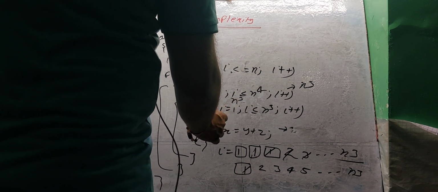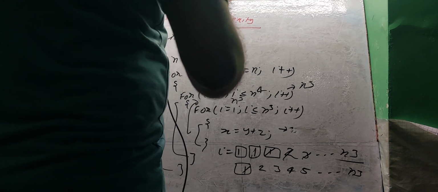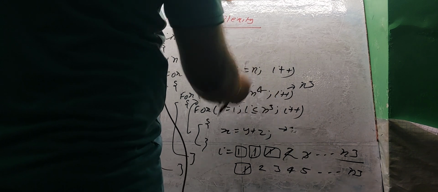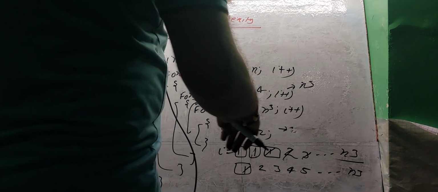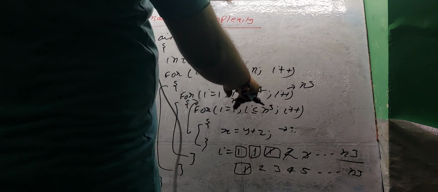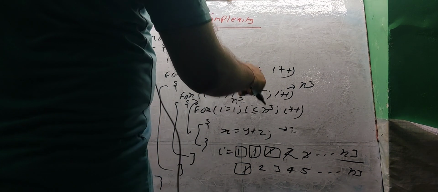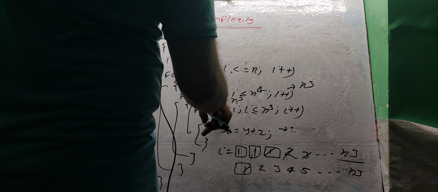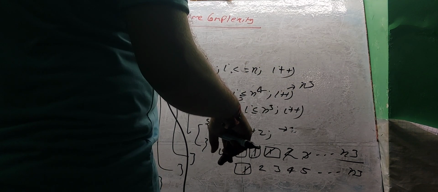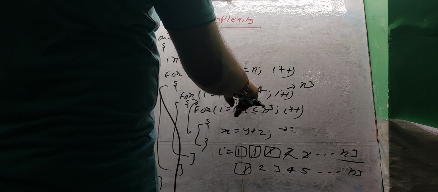Here in the third loop it will come and make n cube, and again return to the second loop, then it is less than n to the power 4, and again and again I value will be initialized and go till n cube, and then again it will return.